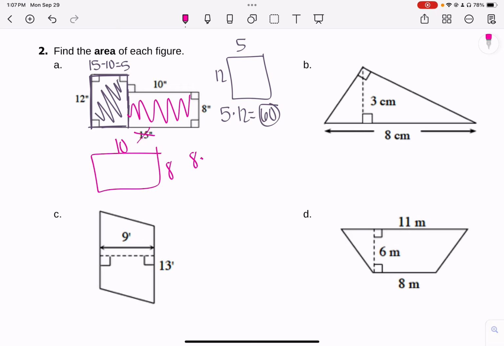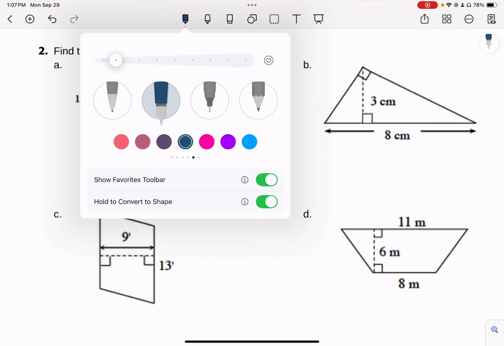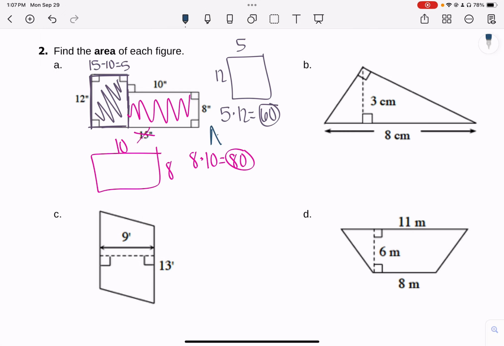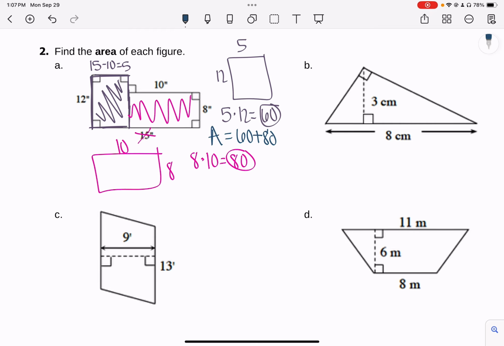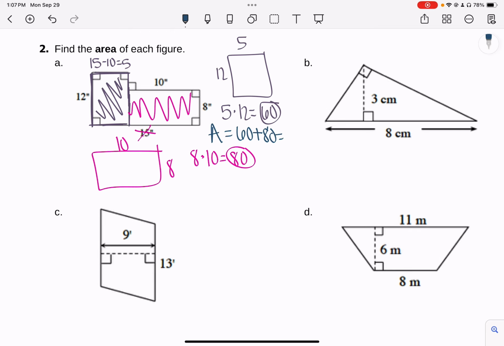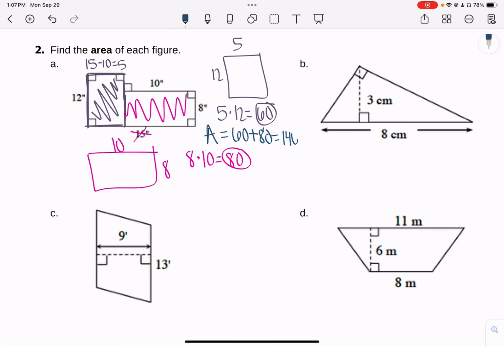So 8 times 10 is going to be 80. And then I take those two numbers and I add them together for the total area. So 60 plus 80. And then we would get 140. And then we're going to write 140 inches squared, because 2 dashes means inches.